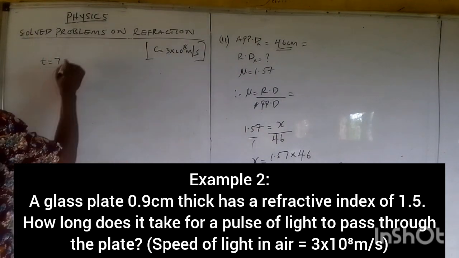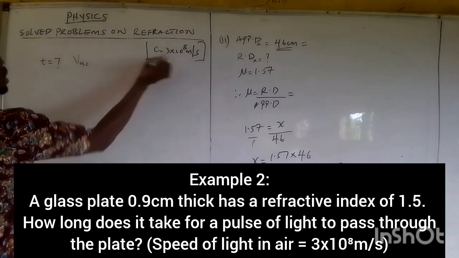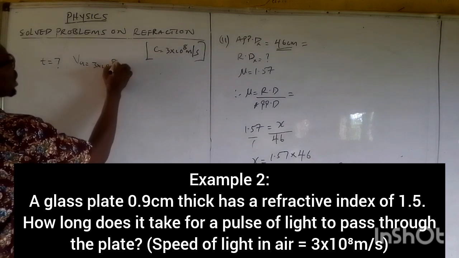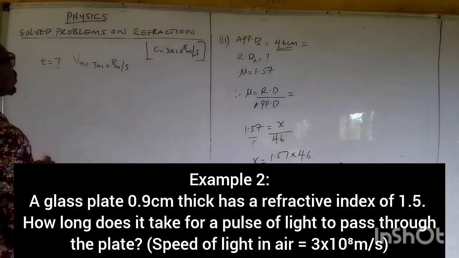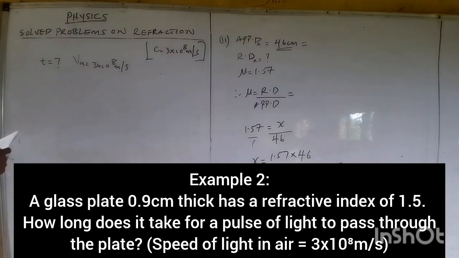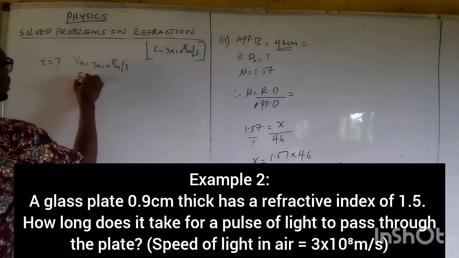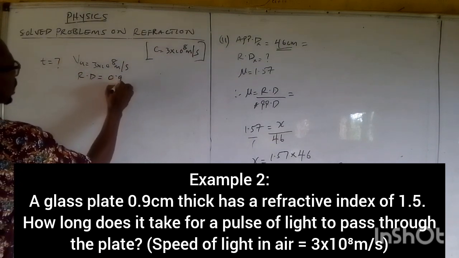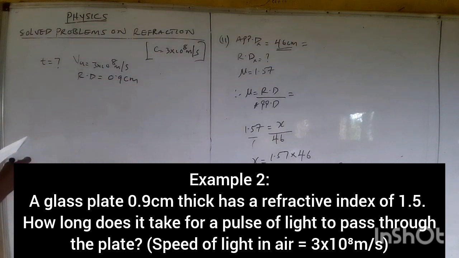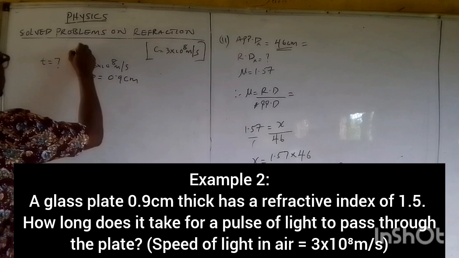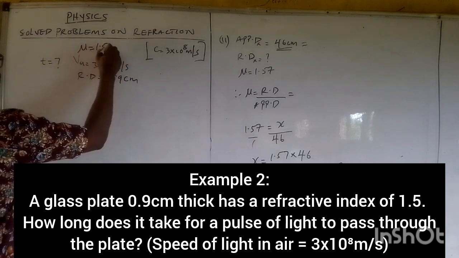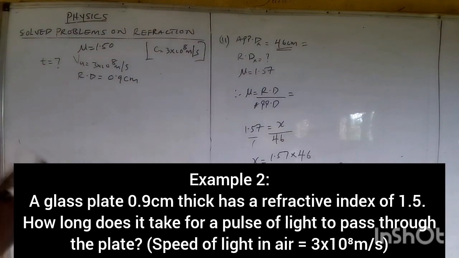The velocity of light in air is 3 times 10 raised to the power 8 meters per second. The next thing given to us is the thickness of the glass. Thickness of the glass is the real depth, which is 0.9 centimeter. The refractive index is also given to be 1.50. Now, what do we do?